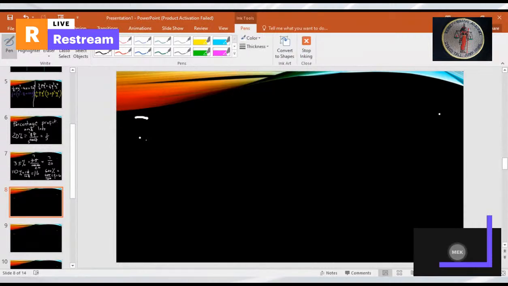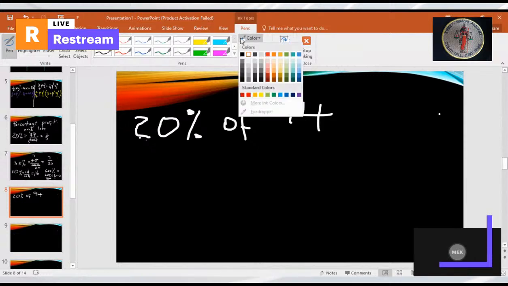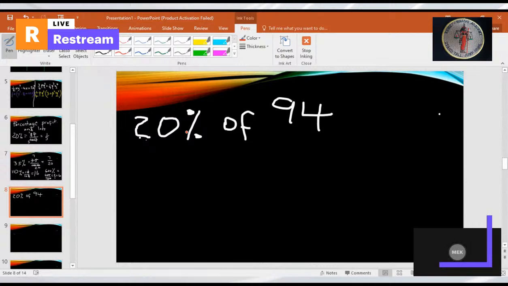Let's say you're asked to find 20% of, what is 20% of 94? Again, we set up, we know that 20% means 20 out of 100. So that would be 20 over 100 of 94.